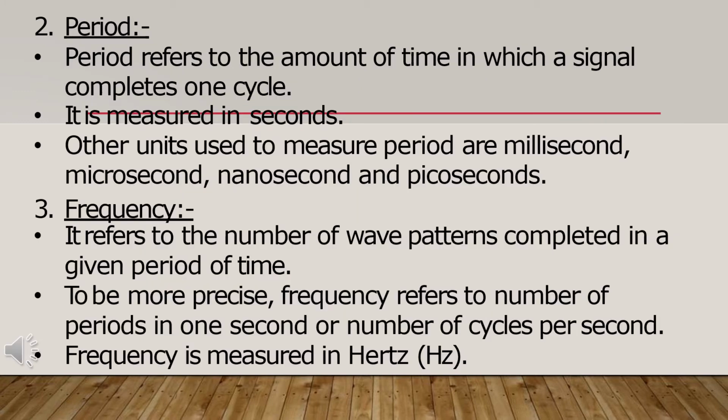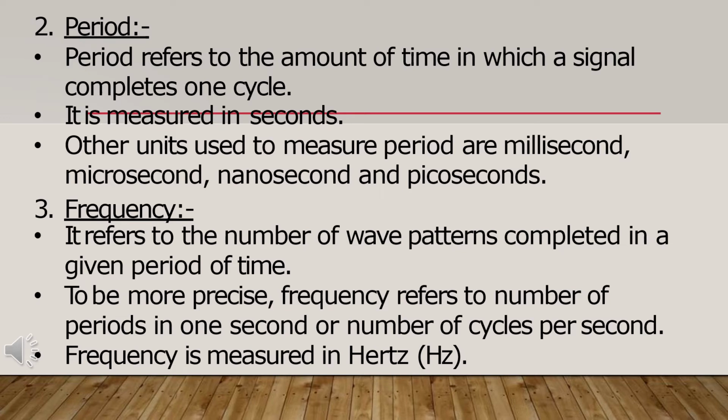The next characteristic of the analog signal is period. Period refers to the amount of time in which a signal completes one cycle. It is measured in seconds. Other units used to measure periods are milliseconds, microseconds, nanoseconds, and picoseconds.